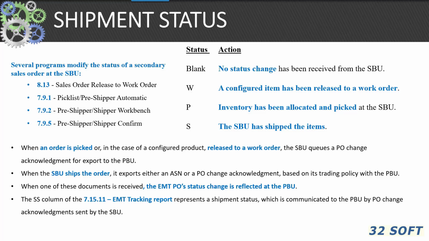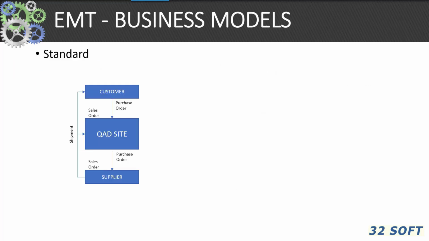So you can see that the status could be blank, meaning no changes. If it's a W, that's a configured item released to a work order. P at the secondary business unit says that the inventory has been allocated and picked, and if it's an S, the secondary business unit has shipped that item. So very helpful information on that.